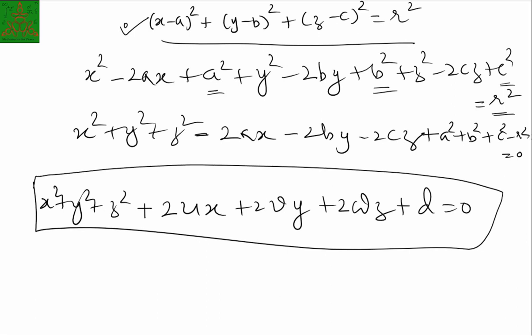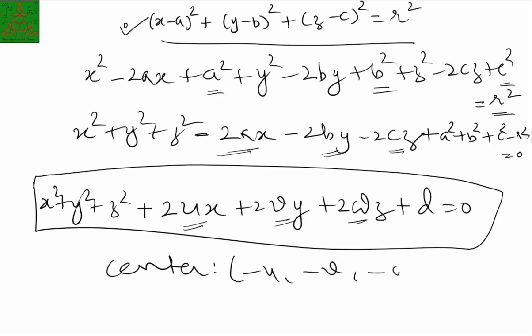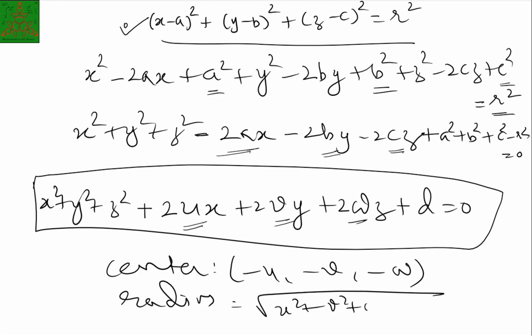If you compare with the previous one, you can say that u is minus a, v is minus b, and w is minus c. So if the equation of the sphere is represented in this form, then the center of the sphere will be (minus u, minus v, minus w), and the radius will be the square root of u square plus v square plus w square minus d. This is the way you can represent any equation as a sphere.